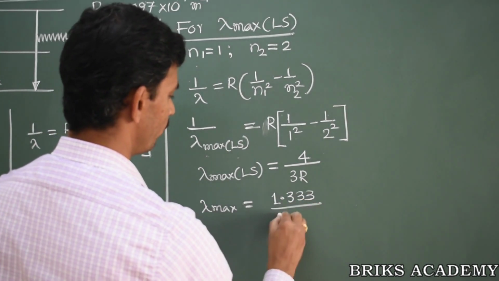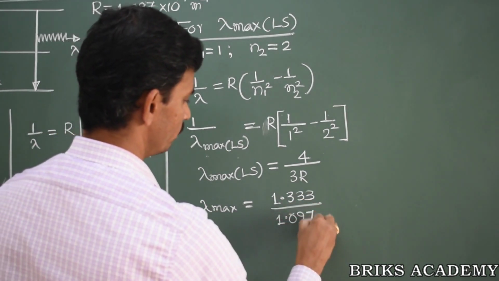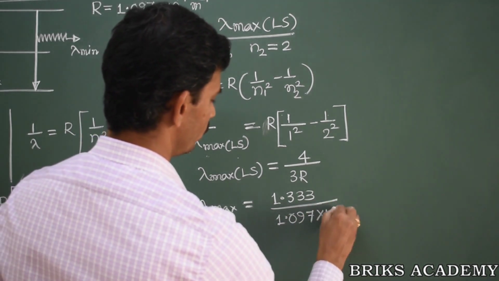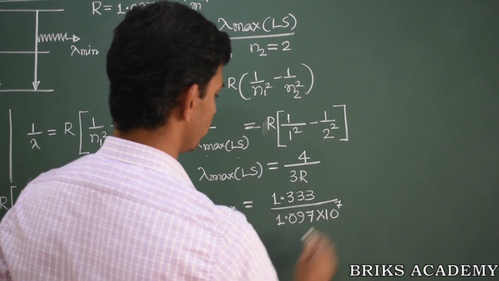Therefore, lambda maximum is 1.333 divided by 1.097 into 10 to the power of plus 7.